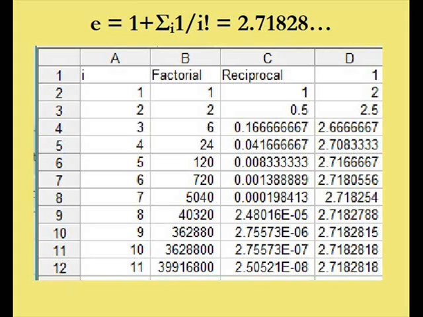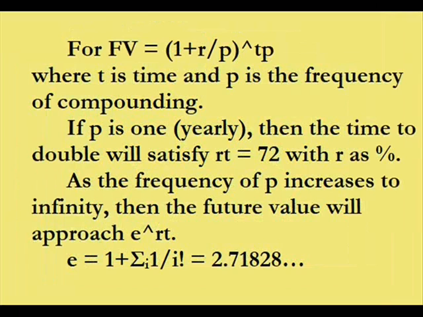We get D, and guess what? 2.71828. That number is called the transcendental number. And e had a lot of uses, especially before calculators and computers and logarithms. But in any case, it also has a use in finance in terms of compounding.